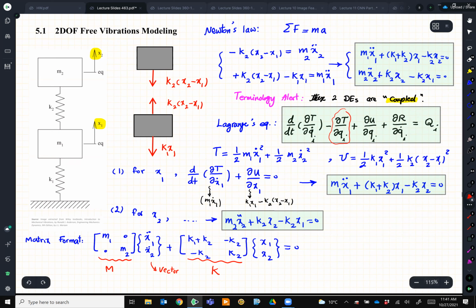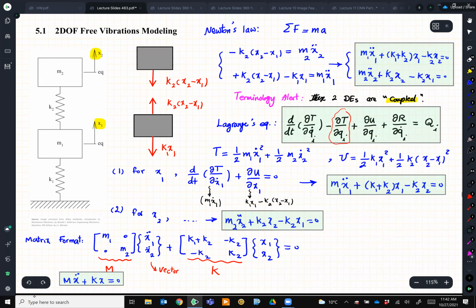In other words, I can write this equation as M x double dot plus K x equal to 0. It's the same equation that we had before, just instead of a mass and a stiffness, we have a matrix of mass and a matrix of stiffness. The form is exactly the same.